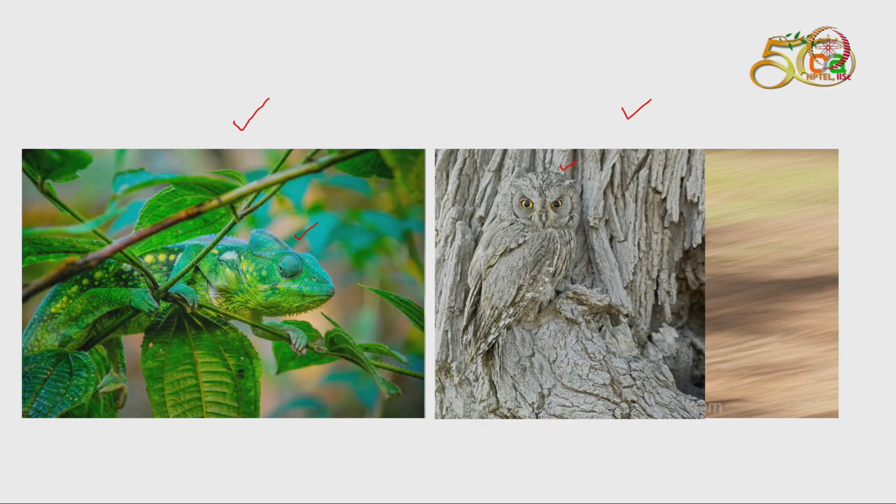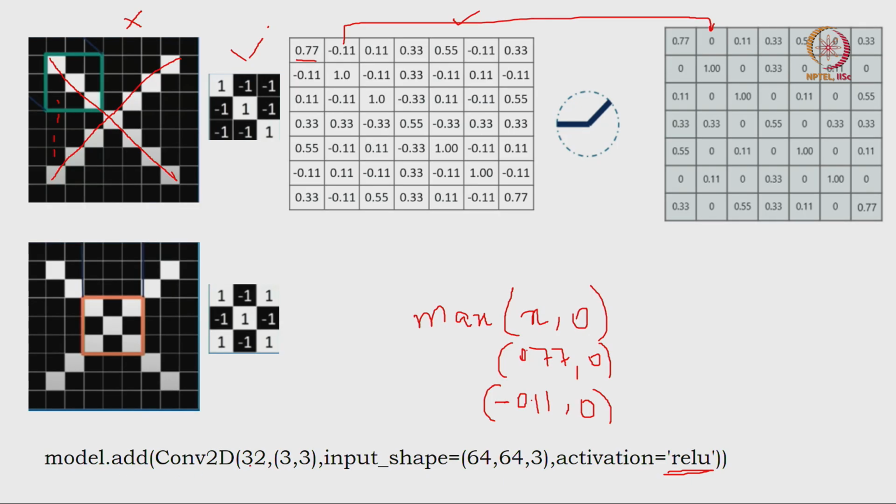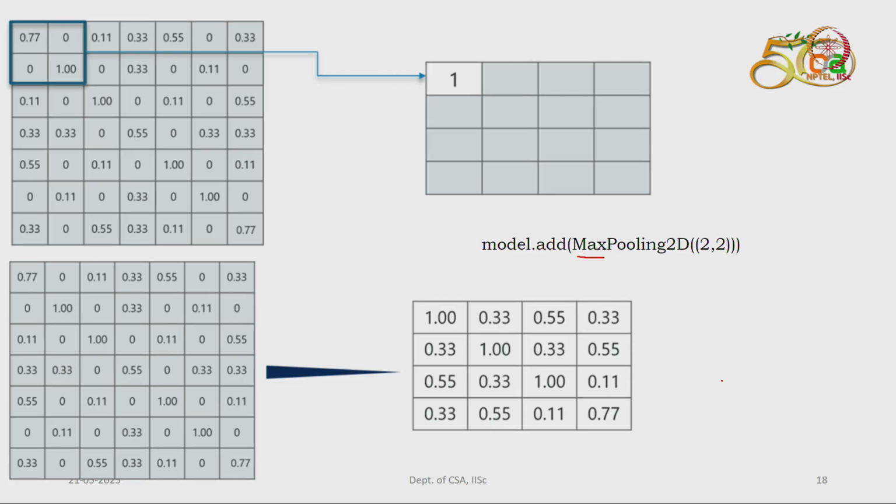We require the kernel. We require the number of kernels, the size of the kernel, and an input, and in the input you have to specify the number of channels. Then you also specify a ReLU. Once you perform the convolution operation and ReLU, you are now reducing the size. How are we reducing it? By extracting only the most important features.